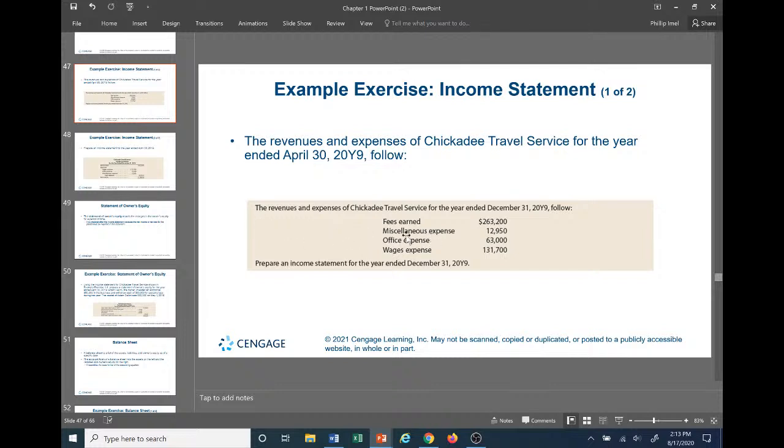Fees earned was $263,200. Miscellaneous expense of $12,950. Office expense of $63,000. Wages expense of $131,700. And now what they want us to do is prepare an income statement for the year ended December 31st, 2009 with this relevant data right here.